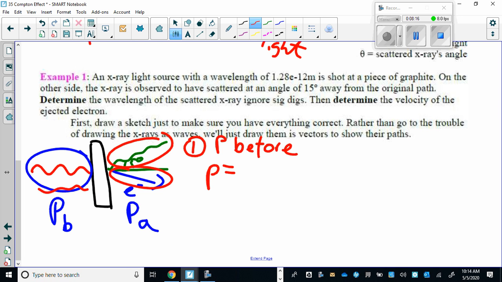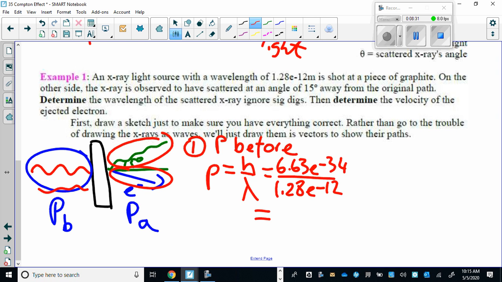That will simply be p equals h over lambda, divided by, and that gives us 5.18 times 10 to the negative 22 kilograms times meters per second, which again should make you feel very uncomfortable because now you're using mass in something that doesn't have mass.